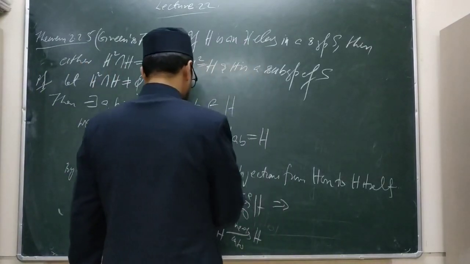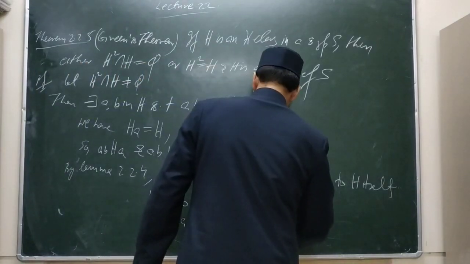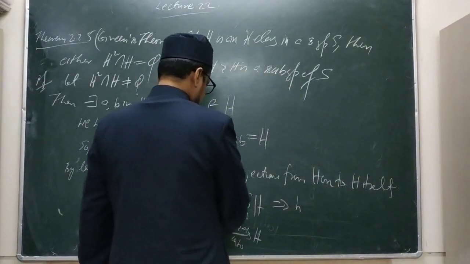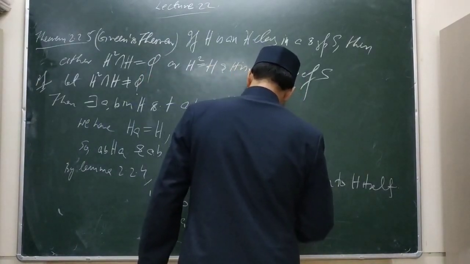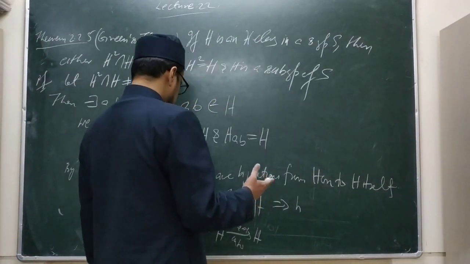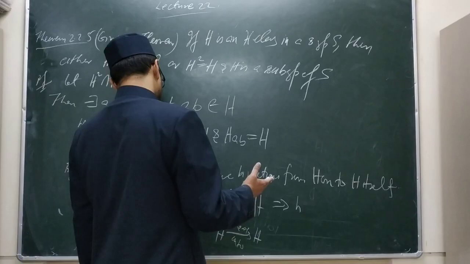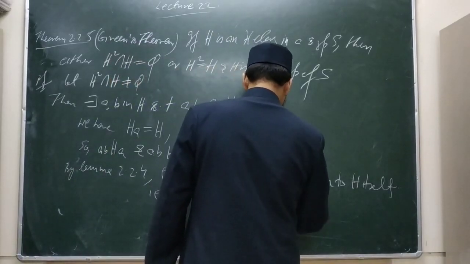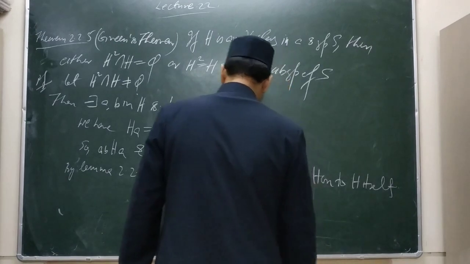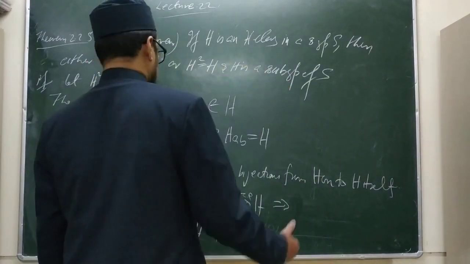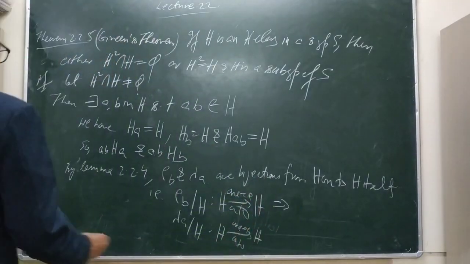So which implies what? It implies that Hb, because if you take any element from here, so H rho b will be what? H rho b. H rho b is what? Right translation basically. So from here what we can say? See, remember what is Green's lemma? Green's lemma is what?